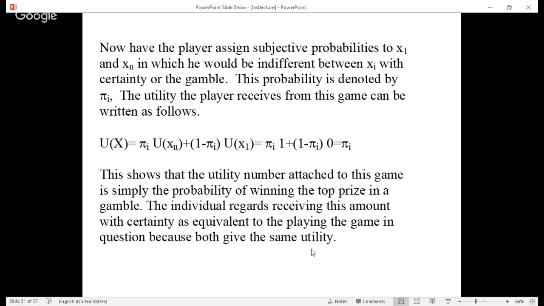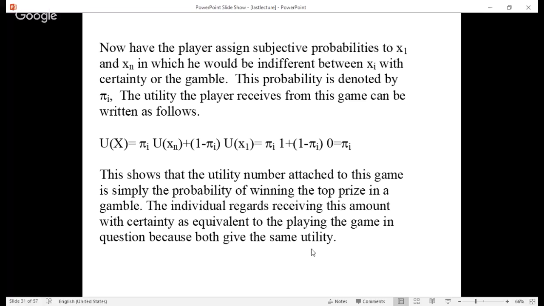So I have pi times 1 plus (1 minus pi) times 0, and all of that, we end up with pi, which, by the way we set it up, shows that the utility number attached to the game is simply the probability of winning the top prize, pi.